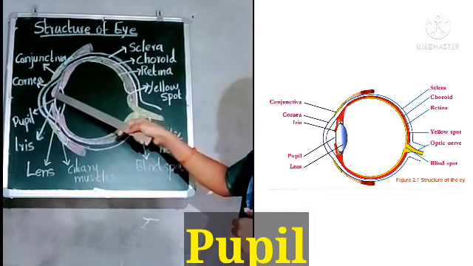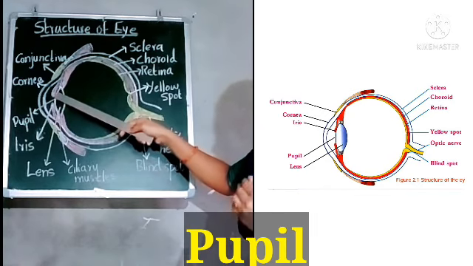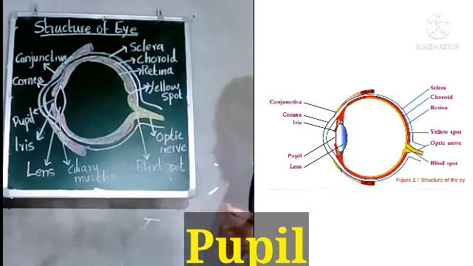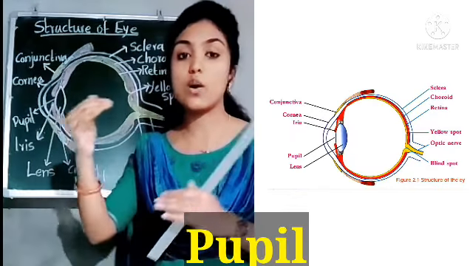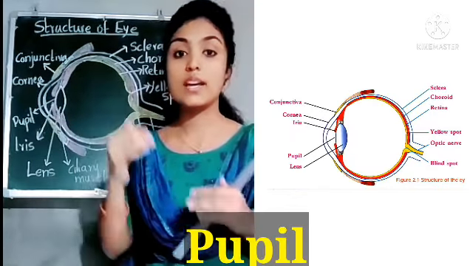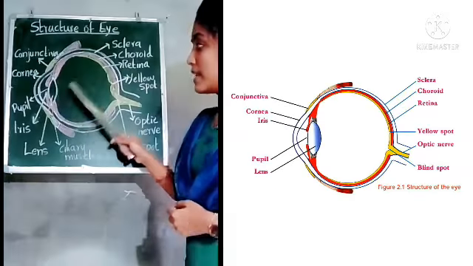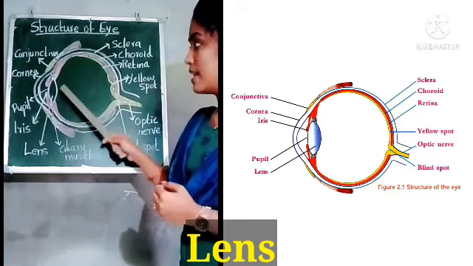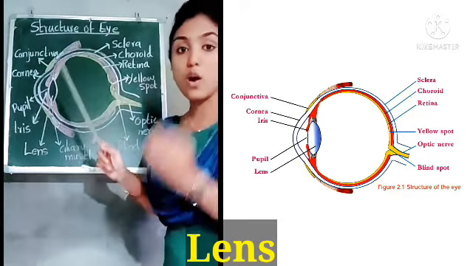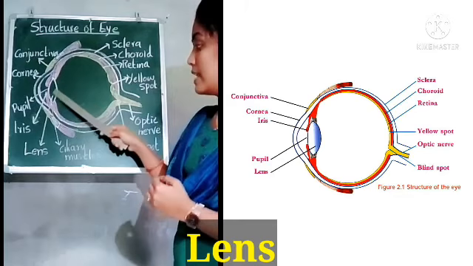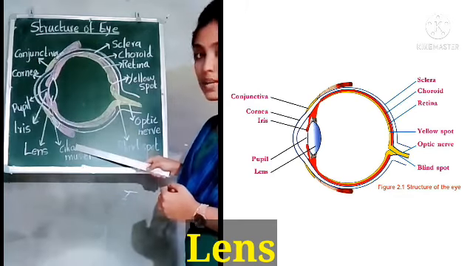Then the next part, that is pupil. This region is termed as pupil. Pupil is the curvature seen in between the iris. So the size of this curvature increases or decreases based on the intensity of light. The next part is lens. Lens is a transparent convex lens, and the lens is attached to ciliary muscles.